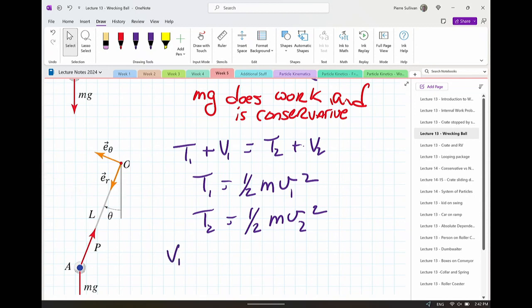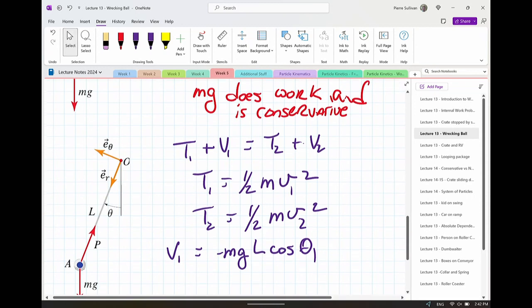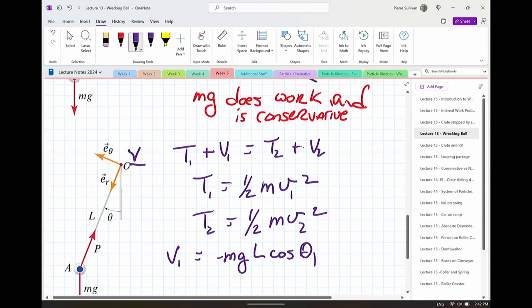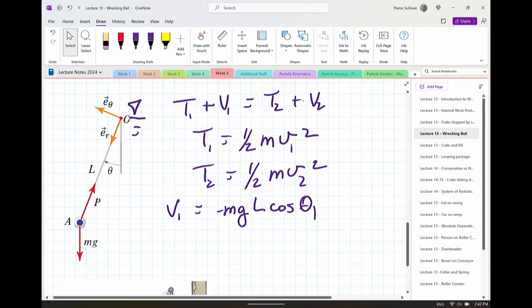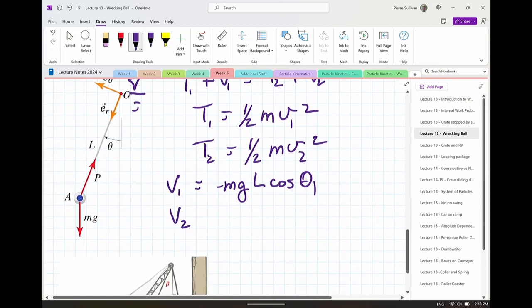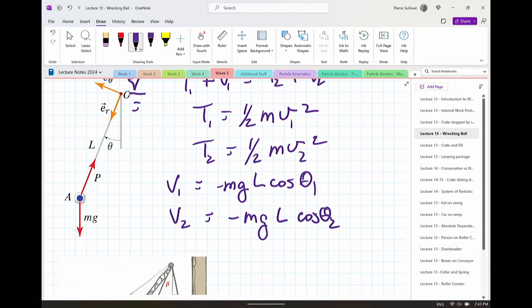And V1 is just going to be negative mgl cos theta 1. It's negative because I've defined my datum at the top. V2 is negative mgl cos theta 2, and that's the second location, so that's the gamma and beta that I defined at the beginning of the problem.